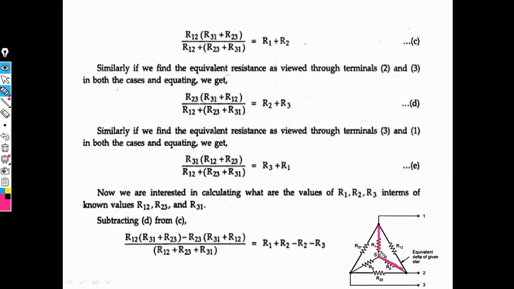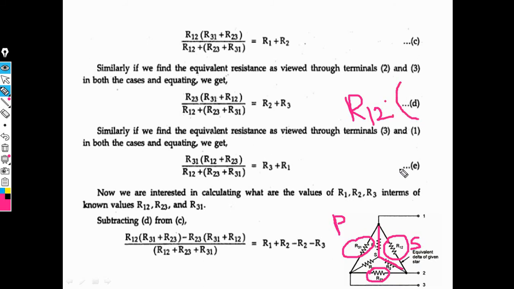At that instant R12 is connected in series, and R31 and R23 are connected in parallel. Series means we are taking a dot.